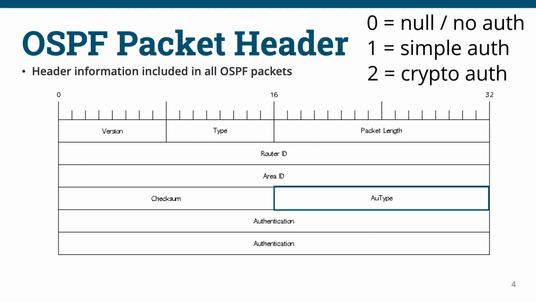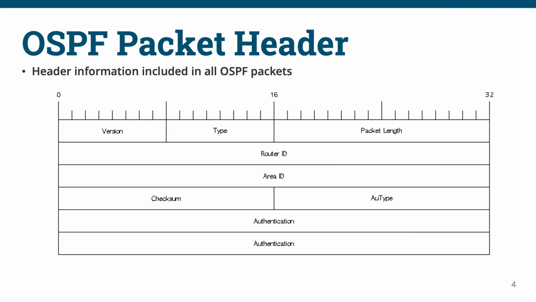The remaining values are reserved by the IANA for future use, as defined in RFC 2328. The following 64 bits are used for the authentication information, depending on the authentication type selected in the previous field.